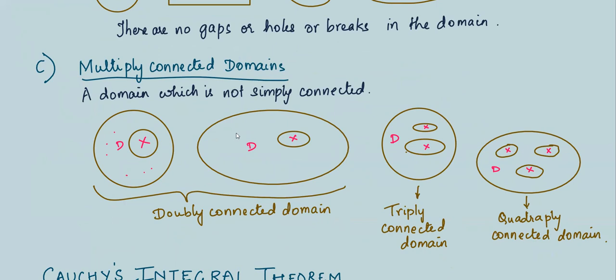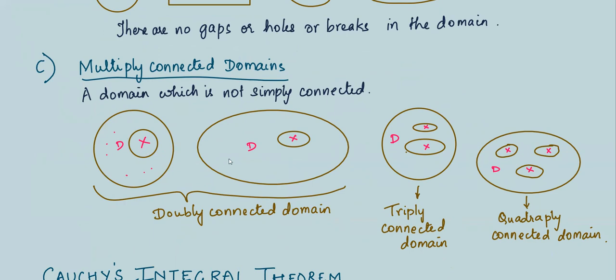Next, multiply connected domains. Multiply connected domains are those in which there is a domain within which there is a region or even a single point where the function is not defined.